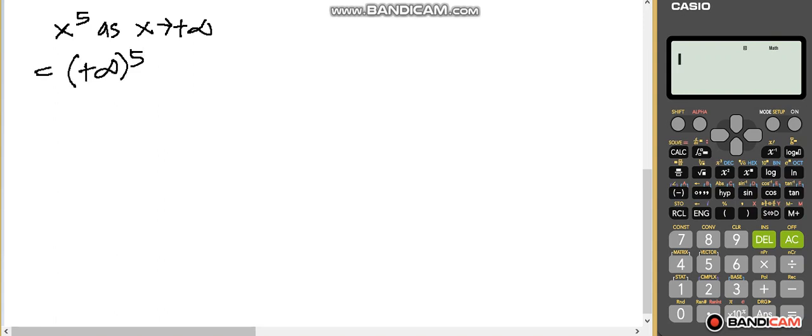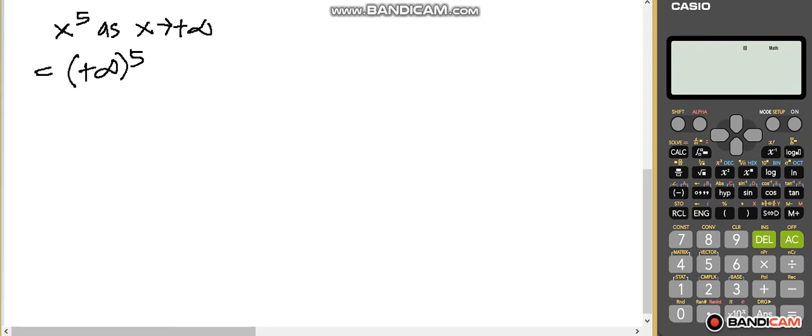Now, anong ibig sabihin ng positive infinity ulit class? Kapag sinabi natin positive infinity, ibig sabihin nun that is a number very large in value. Pwedeng 10 million, 10 billion, 10 trillion. Basta napakalaki niya.